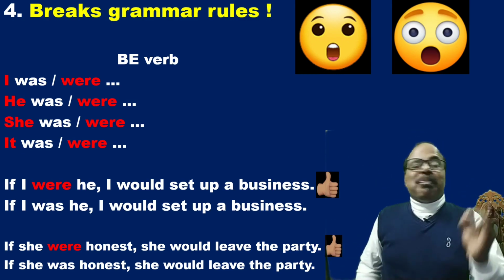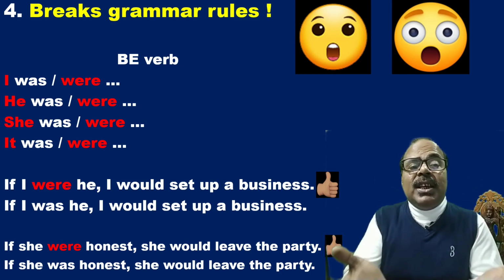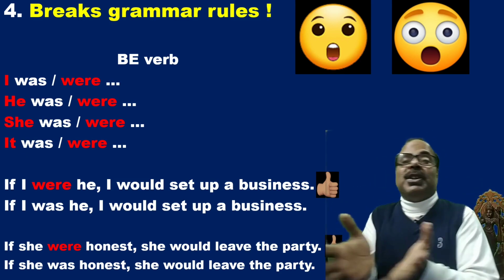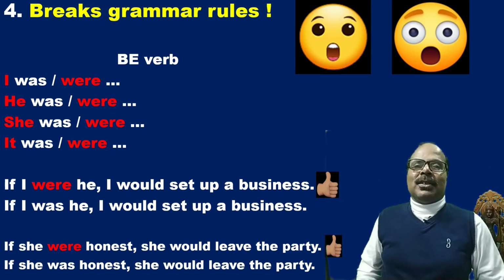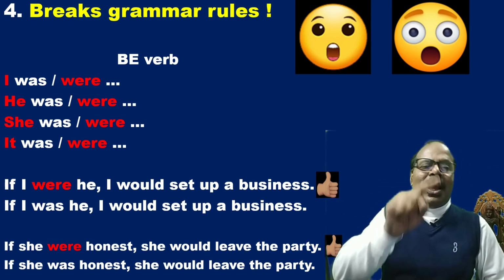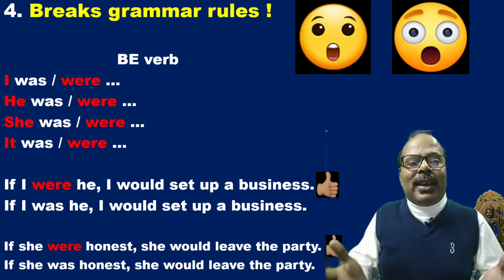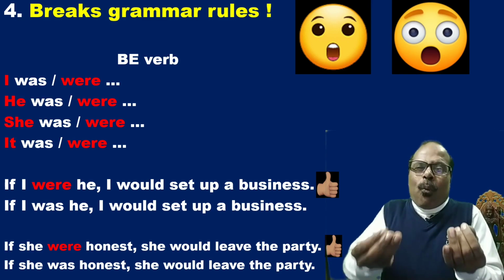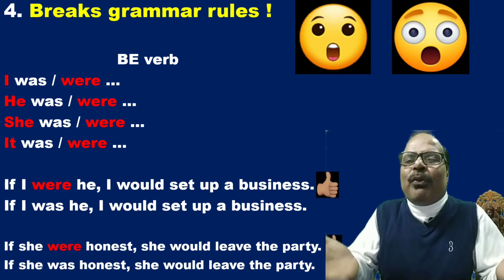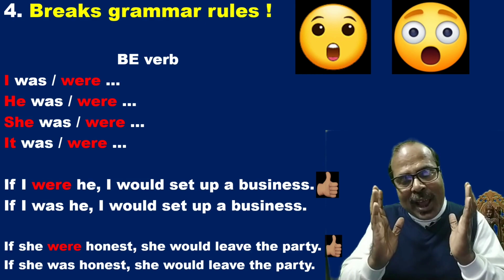Let us see. If I was he, I would set up a business. And I can write, if I were he, I would set up a business. Actually, were is more formal and more acceptable.